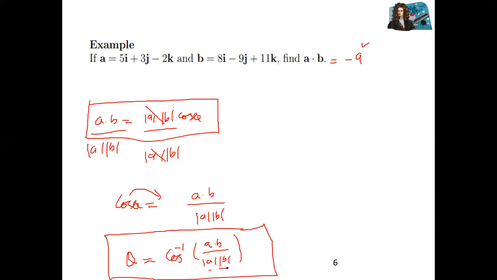So how we can find A magnitude and B magnitude? I think we use 5 squared, 3 squared, and 2 squared. We add all of them and take the square root, and do the same for B. Great.